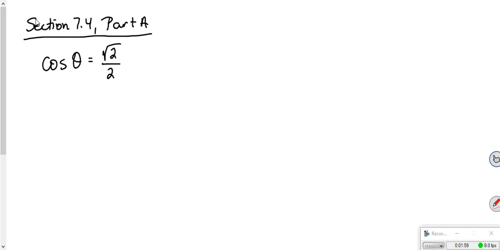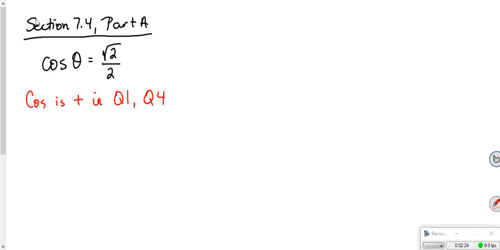So first of all, cosine, where is cosine positive? Cosine is positive in quadrant 1 and quadrant 4. I'm just going to put Q1 and Q4. That's quadrant 1 and quadrant 4. Remember, cosine is your x-axis. So you are going to get positive results for cosine in quadrant 1 and 4.